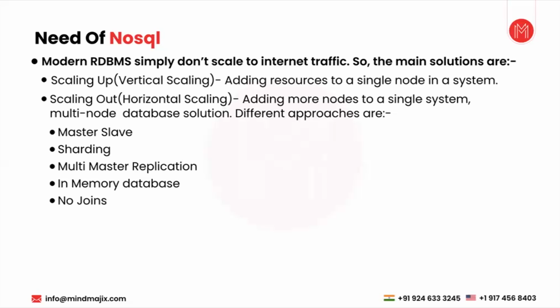So if the memory of that machine is getting full, we need to upgrade it with CPU or RAM. So on the existing machine, you are adding additional resources in order to get your huge amount of data stored on it. So for that, we are using scaling up.